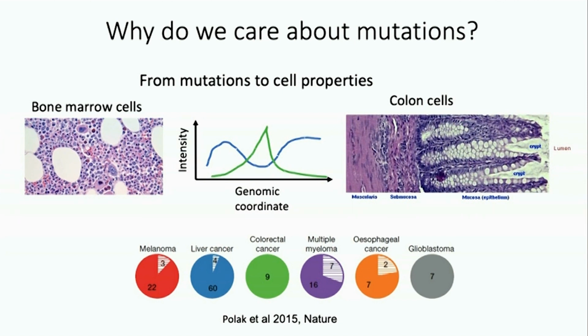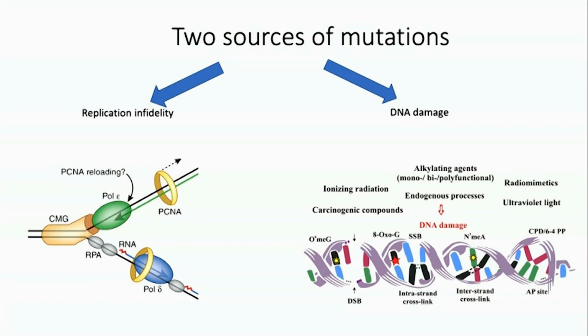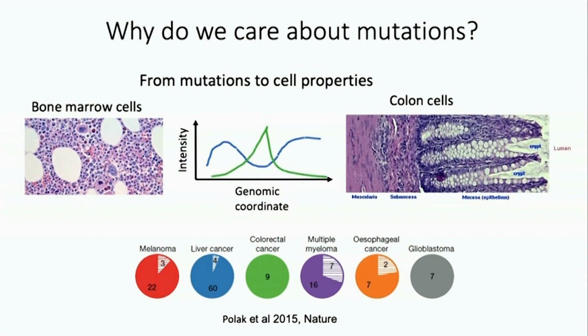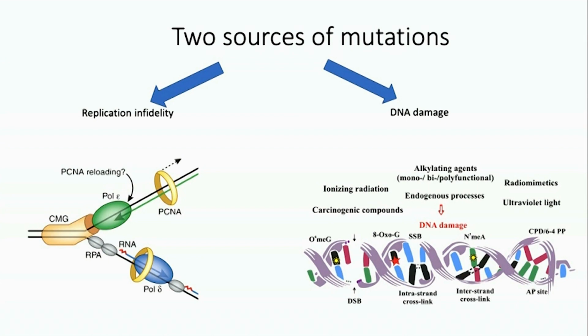So if you have a metastatic cell and you don't know from which organ it originates, you can backtrack the cell of origin of this metastatic cell, which is actually a relevant thing for treating cancer. Okay, so that's why mutations are important.